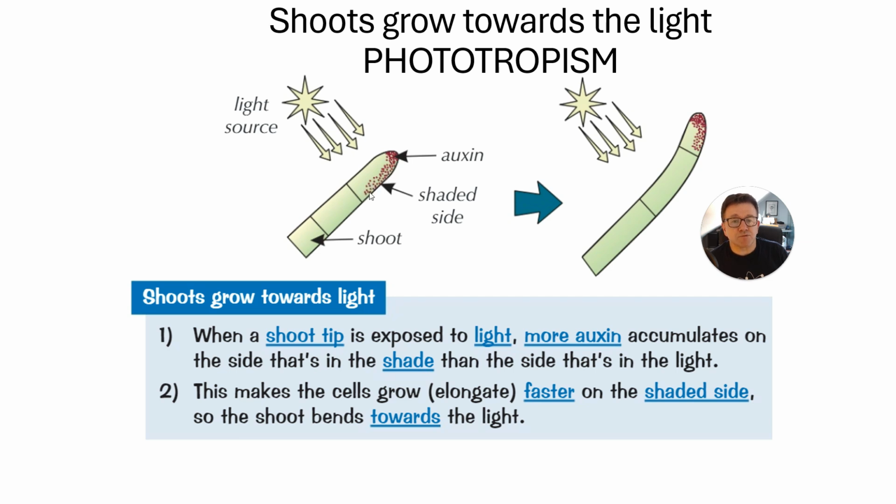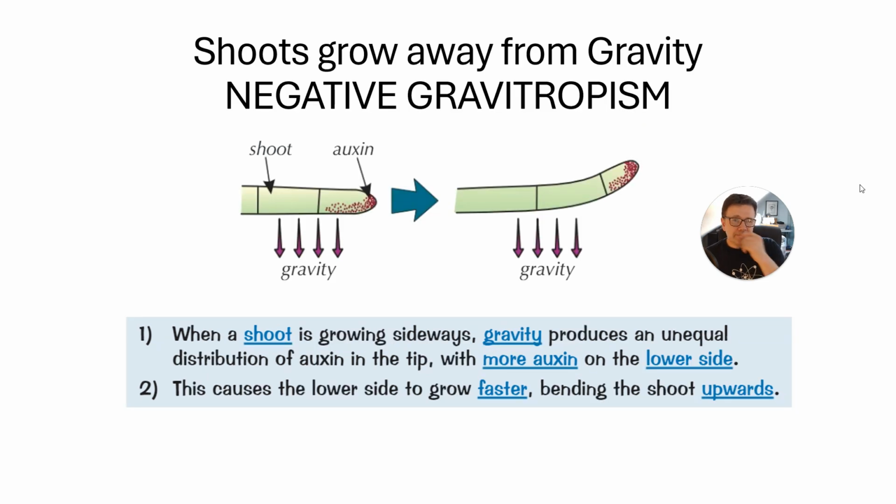This makes the cells grow, or what we call elongate, faster on the shaded side, thus bending towards the light. Negative gravitropism: when a shoot is growing sideways, gravity produces an unequal distribution of auxin in the tip, with more auxin on the lower side. This causes the lower side to grow faster, bending the shoot upwards.